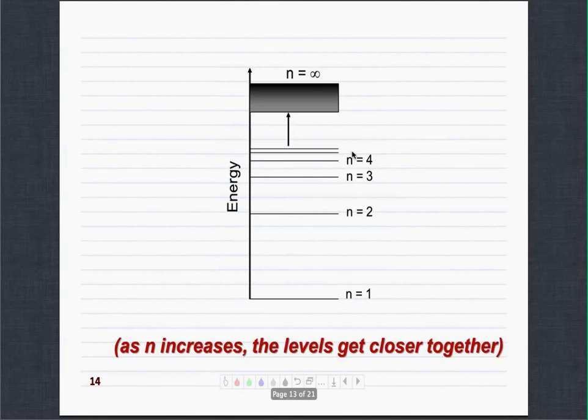The same as when sodium loses one electron and becomes sodium plus, it is due to a transition of the electron from one of the energy levels to infinity. That means to outside the atom. And we call this ionization energy if it is in the gas phase. Only if it is in the gas phase do we call this ionization energy. So as n increases, the levels get closer together.